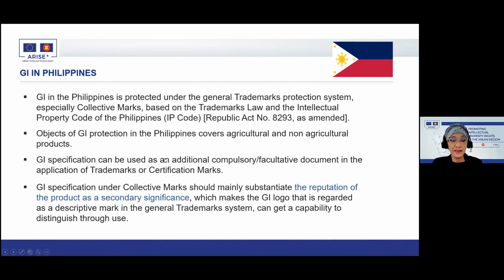GI specification can be used as an additional, compulsory or facultative document in the application of trademarks or certification marks, because we know that applying for protection in the trademark system doesn't require the special specification, but you may put the specification as an additional, either compulsory or facultative requirements if the product is GI potential.